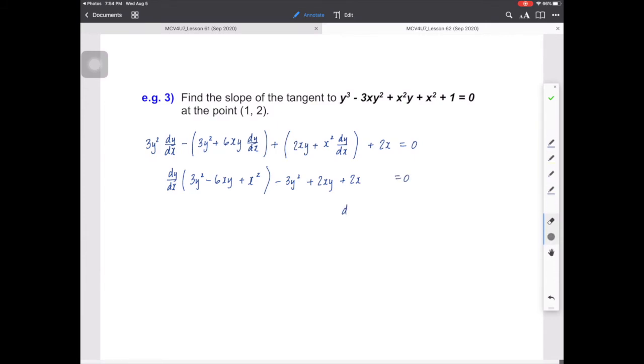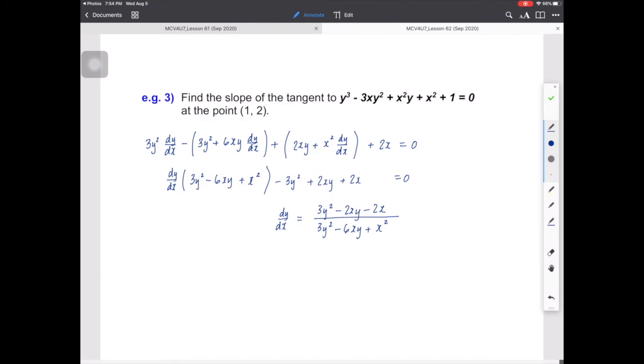And now I need more room, so I'm going to make more room here. Dy over dx is 3y squared minus 2xy minus 2x all over 3y squared minus 6xy plus x squared. Okay.